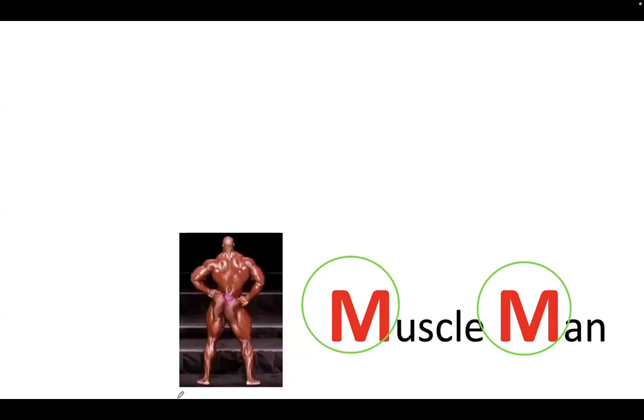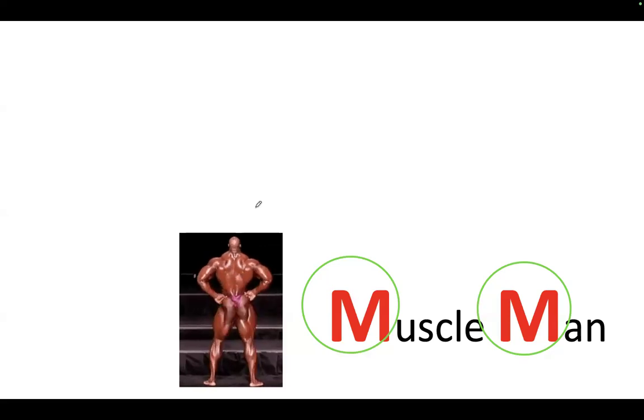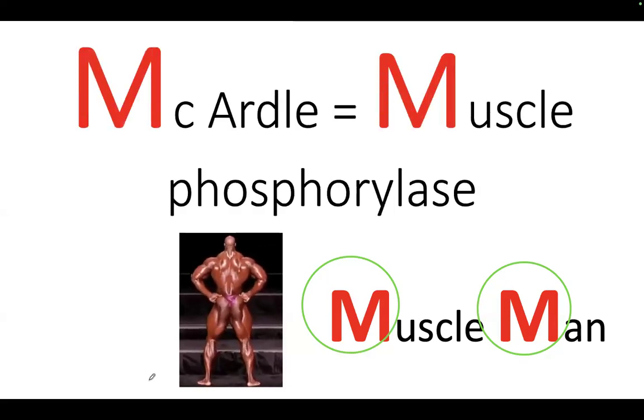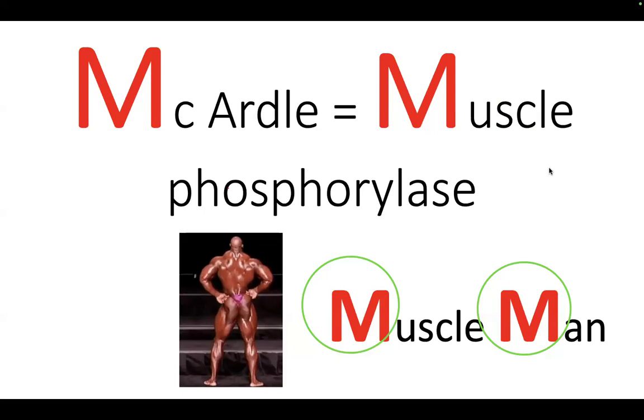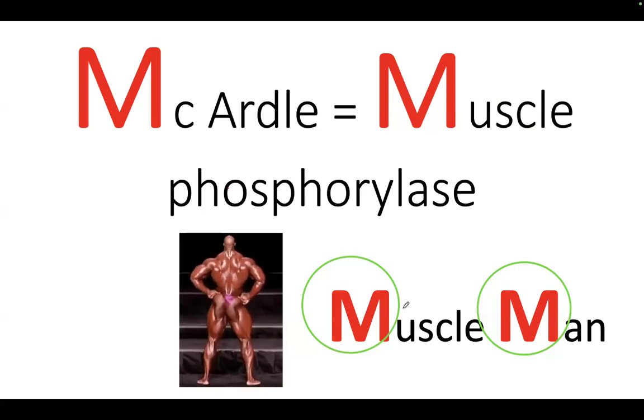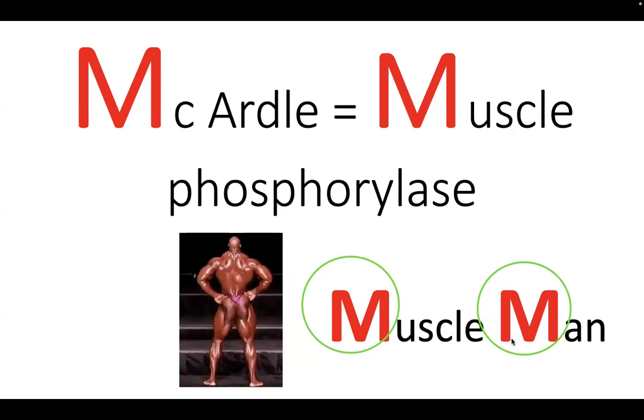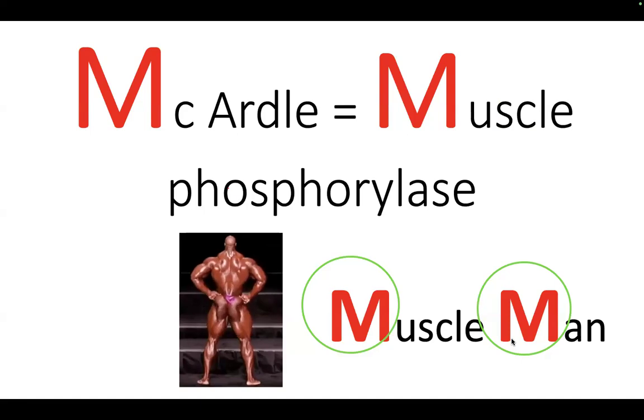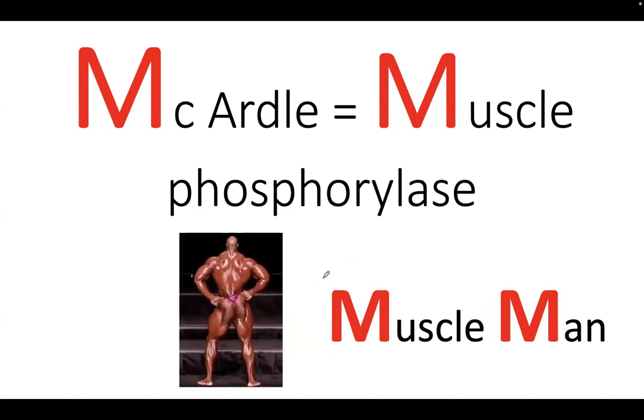And what did I encircle? It is the MM. So please take note that McArdle's disease is a deficiency of muscle phosphorylase. So again, McArdle's disease, muscle phosphorylase, we have my friend, the muscle man.